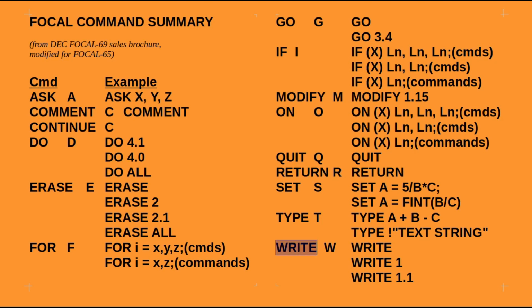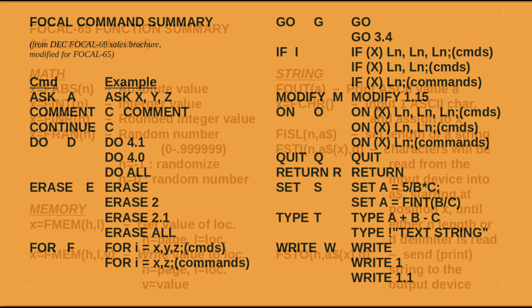Write is list, as far as BASIC would go. This will list out the entire program. This will list group 1. This will list group 1, line 1. So you've got pretty much everything you need here to move around inside of a program.